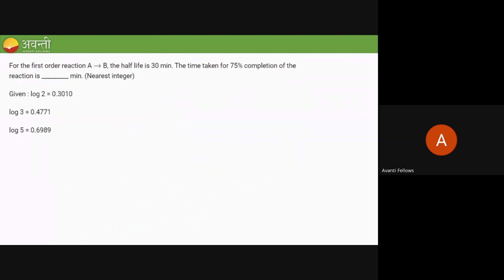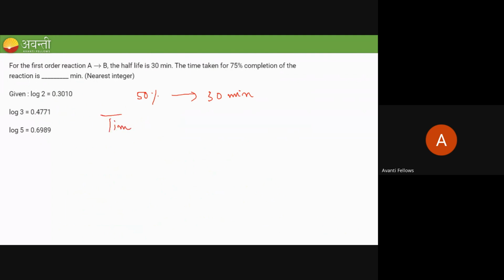For the first order reaction A giving B, the half-life is 30 minutes. So for 50% conversion, the time is 30 minutes. Now the time taken for 75% completion. Half of 50 is 25. If that has to be reduced, then what we have to do?